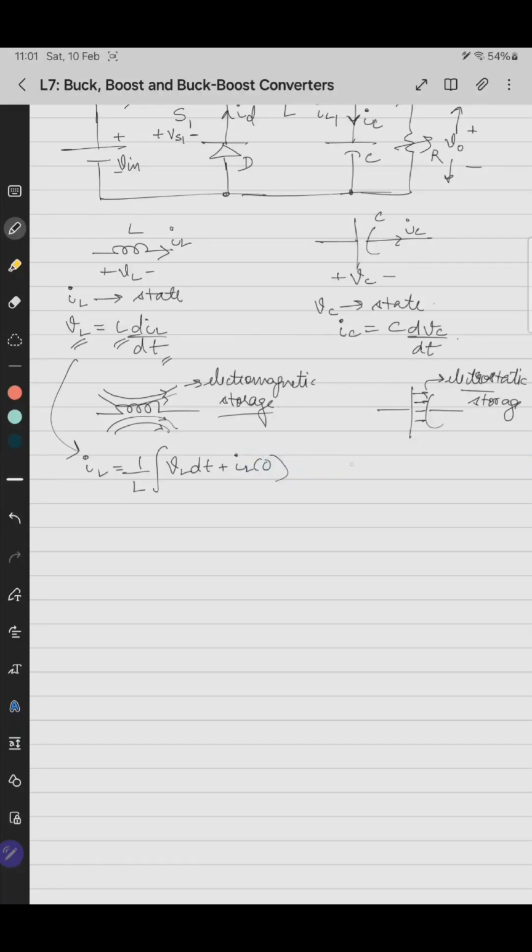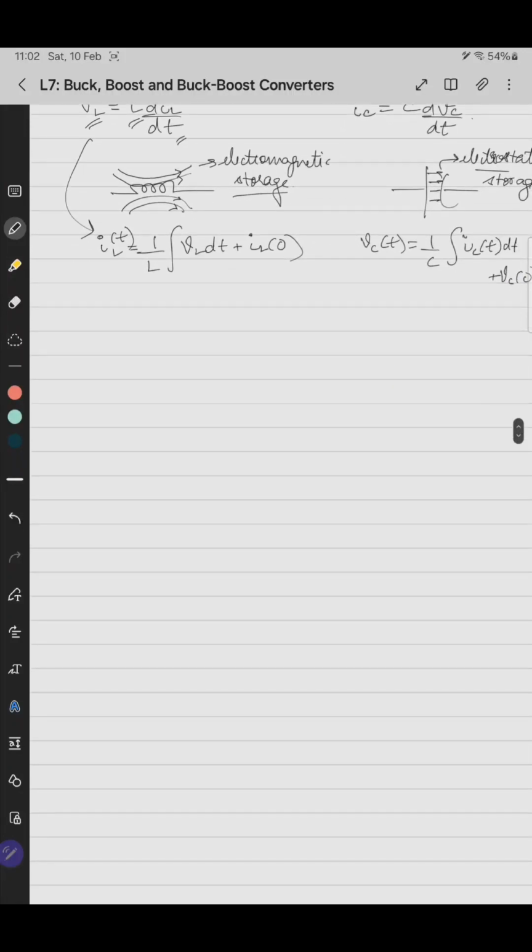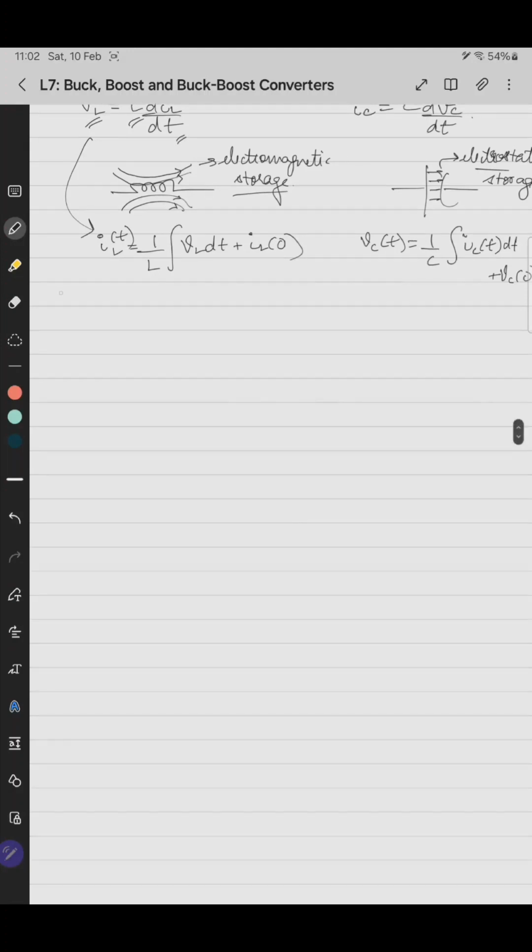Similarly, Vc of t is 1 by C integral Ic of t dt plus Vc naught, the initial value. This is an indefinite integral. The energy in an inductor is half L i square, and the energy in the capacitor is half C V square.